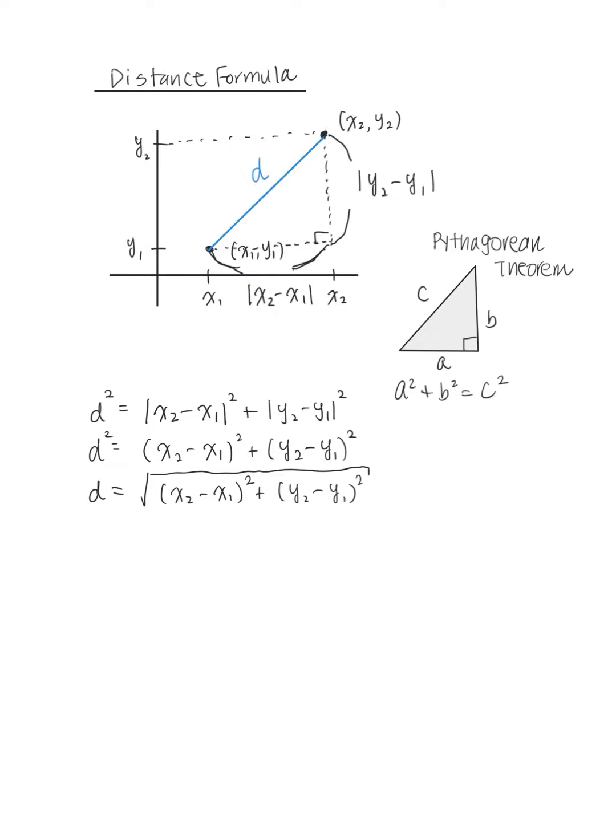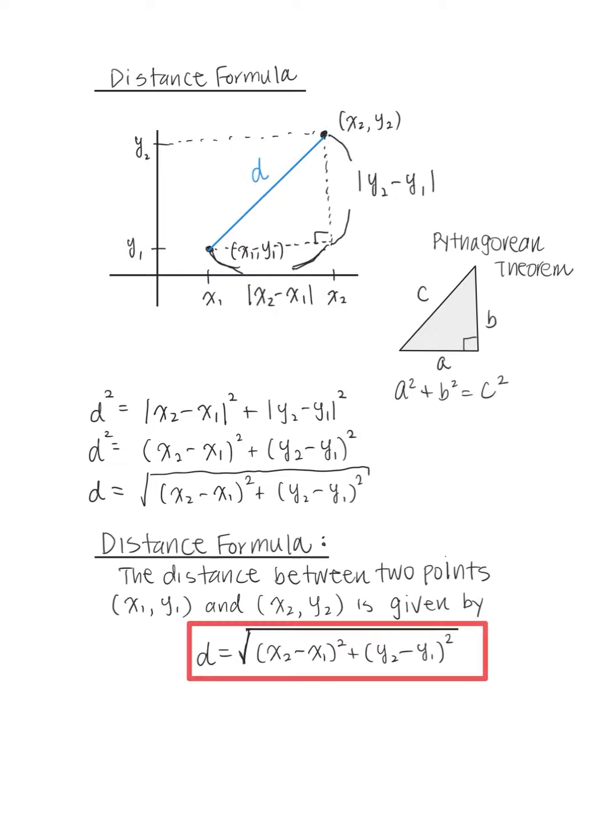And this is precisely the distance formula. Okay, so here it is, distance formula. The distance between 2 points, x1, y1, and x2, y2 is given by d equals the square root of quantity x2 minus x1 squared plus quantity y2 minus y1 squared.